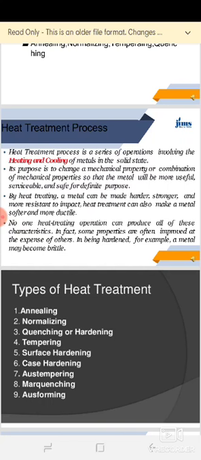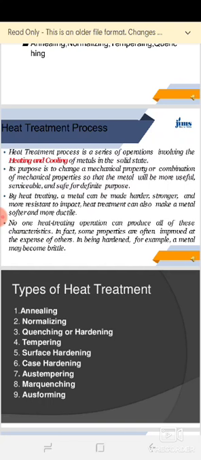So basically the heat treatment process is a series of operations involving the heating and cooling of metal in the solid state. What we do is, at one time we heat the metal, and then in a fraction of a second we make it cool, so that we improve its mechanical properties, and the internal stress which is generated can be reduced in this process.